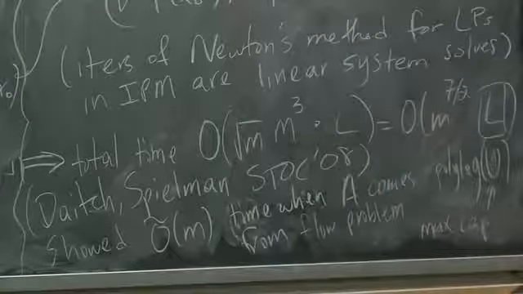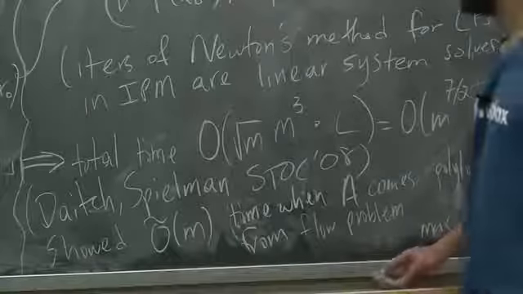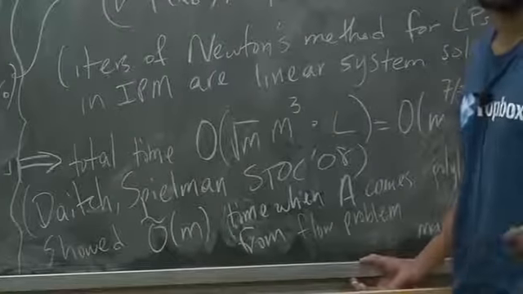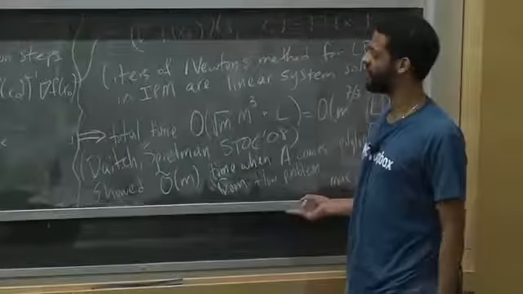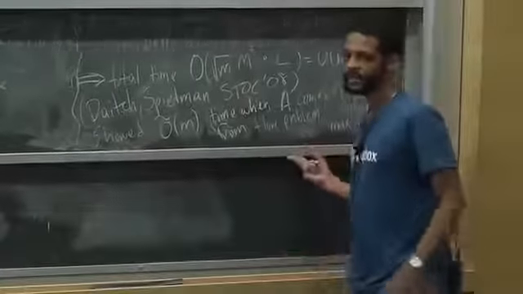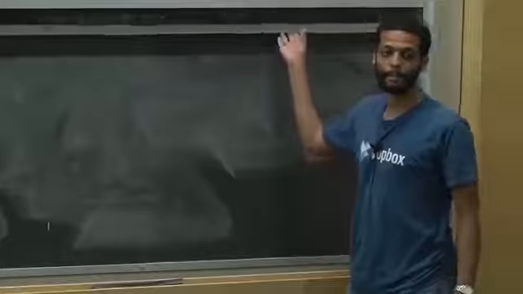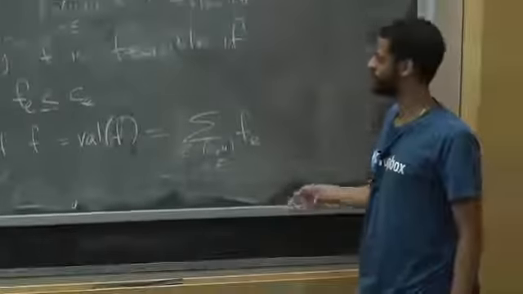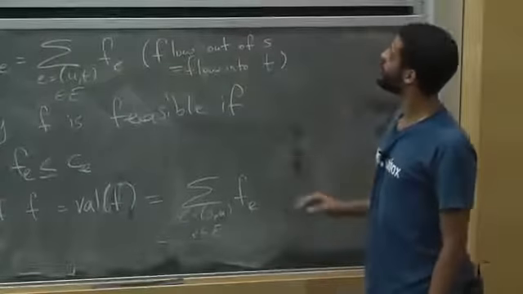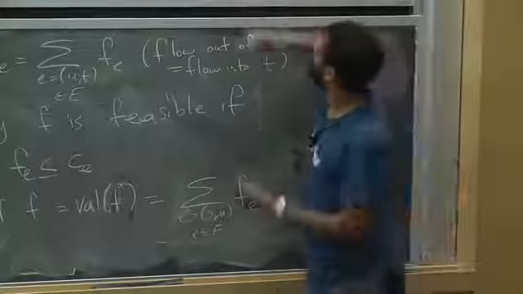Basically, it's related to Laplacian system solvers. If you've heard of that, great. If you haven't, you can go look at their paper. Wait, so did they show O tilde of m time for the overall thing? No, for this m cubed. Oh, okay.